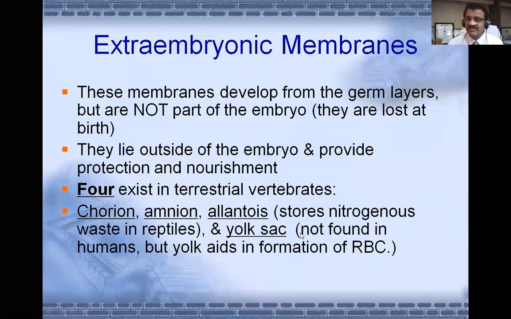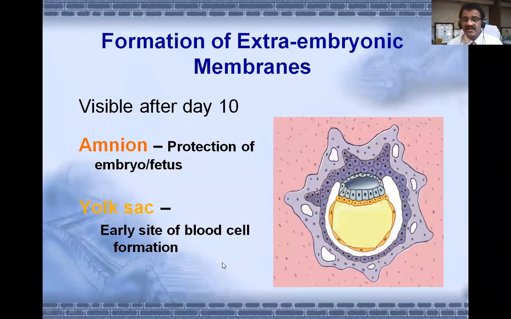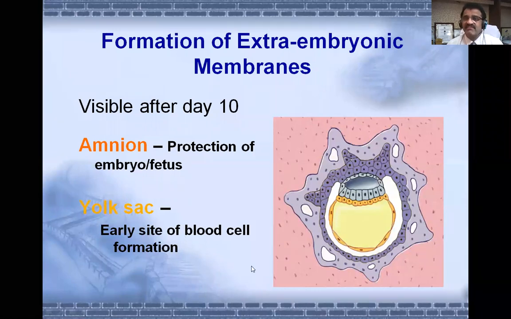And the yolk sac, which is not found in humans, aids in the formation of RBCs. The extraembryonic membranes are usually visible after the 10th day of intrauterine life, after conception. So the amnion comes for the protection of the embryo or fetus, and the yolk sac comes early, which is the early site of blood cell formation. The RBCs are formed there. This we studied at the time of the study of the embryo.